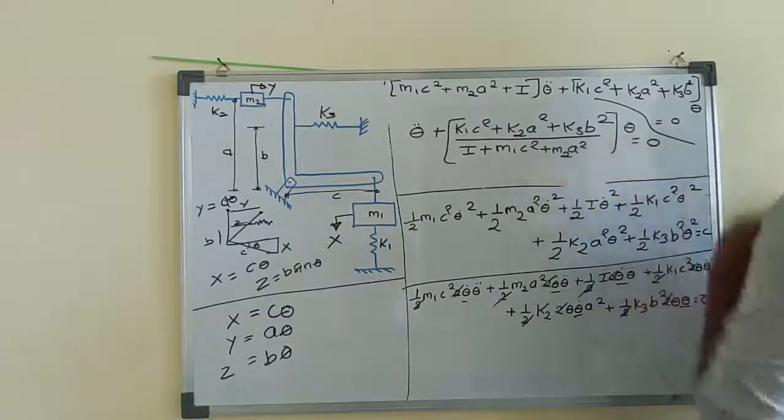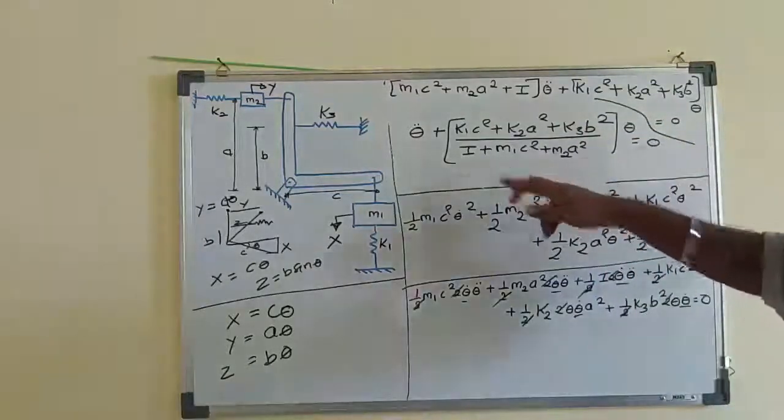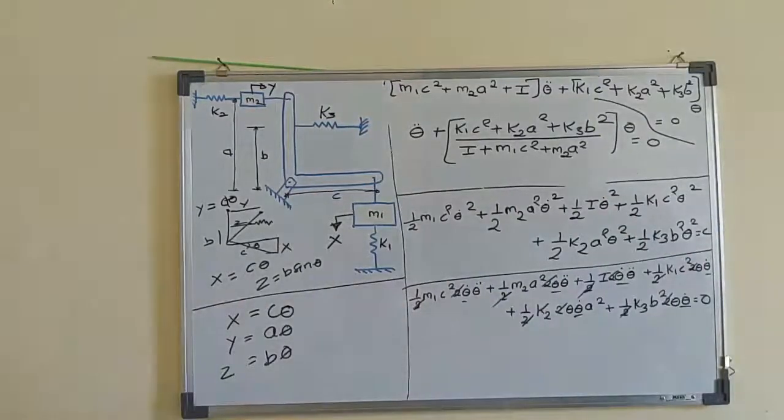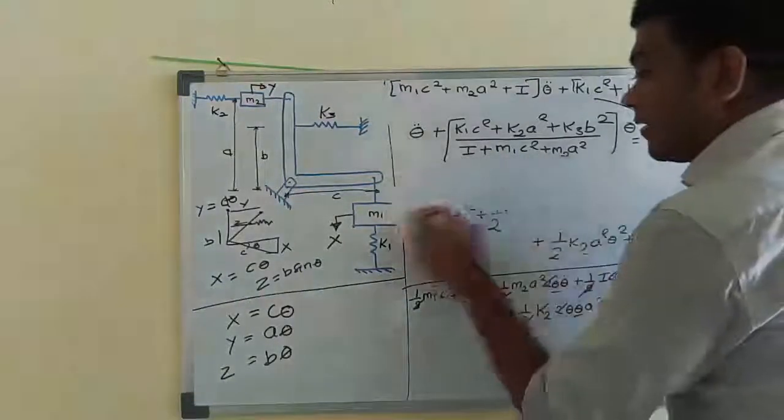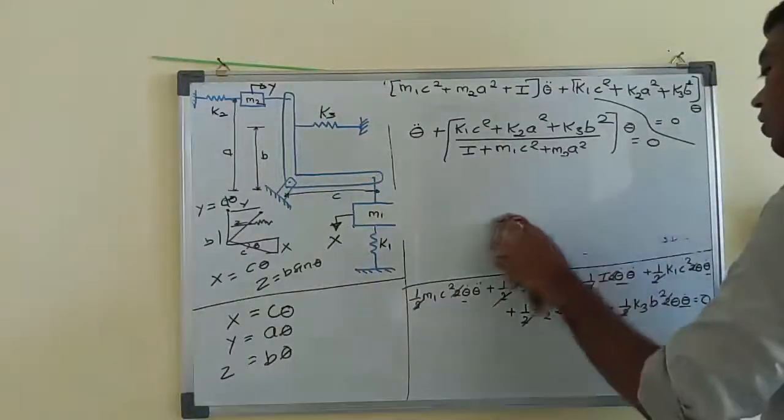So the term under the bracket is nothing but omega n square, the natural frequency term.